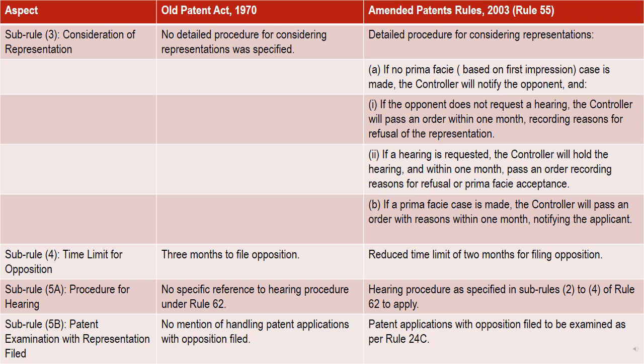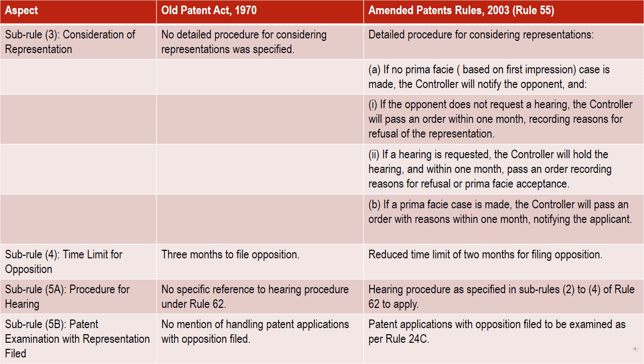This means the formalities and processes used for hearings in post-grant opposition are now being applied to pre-grant opposition hearings. According to the old rule, the old procedure didn't clearly link the hearing process to Rule 62, which made the pre-grant and post-grant processes different. Now they align more closely.